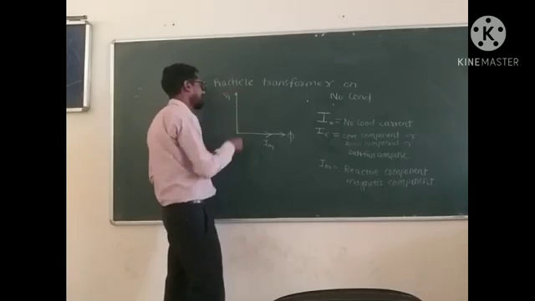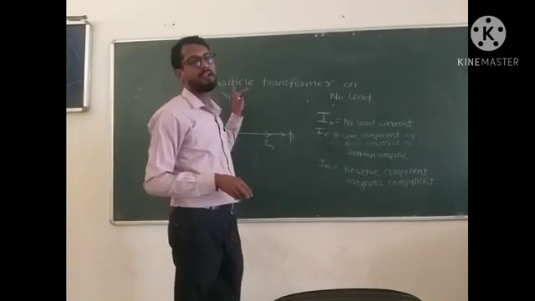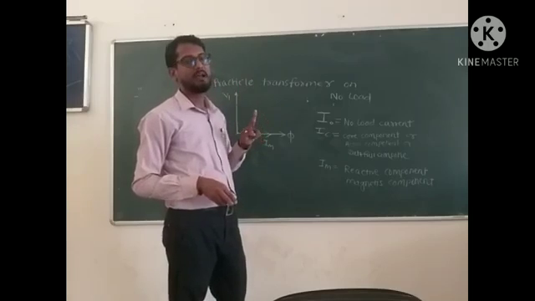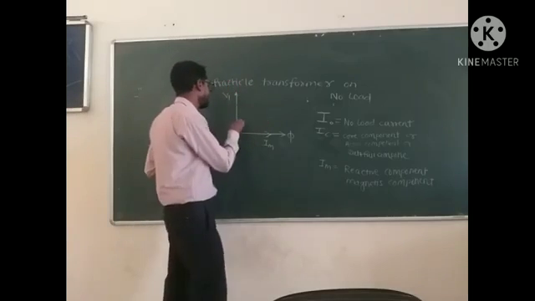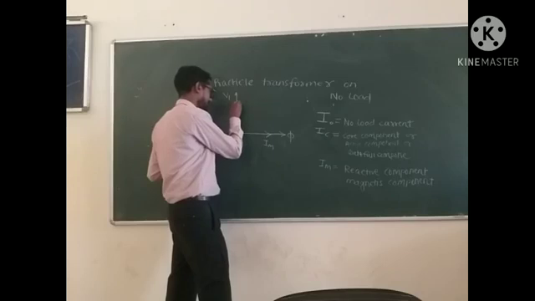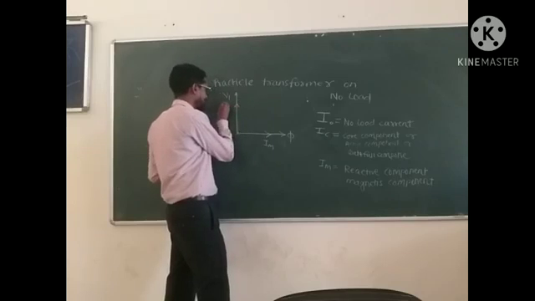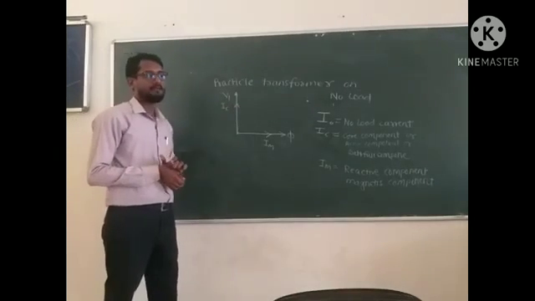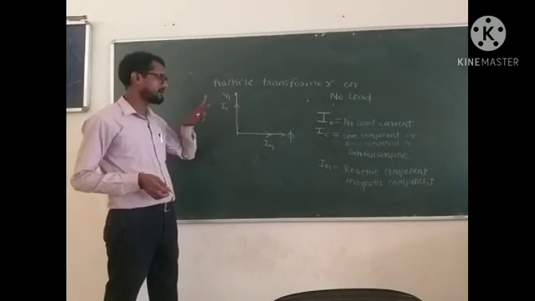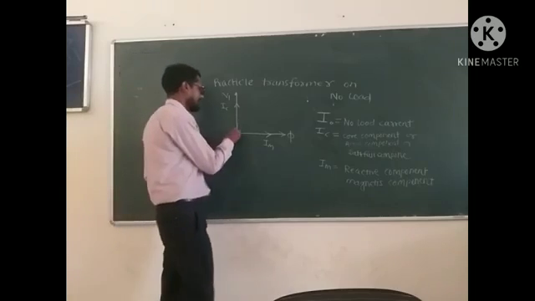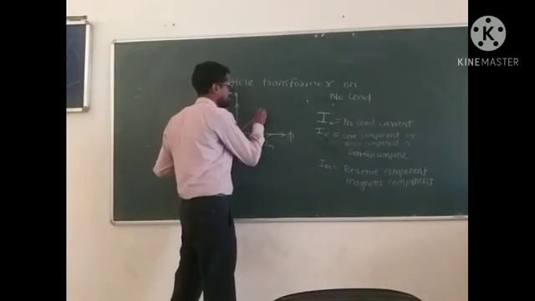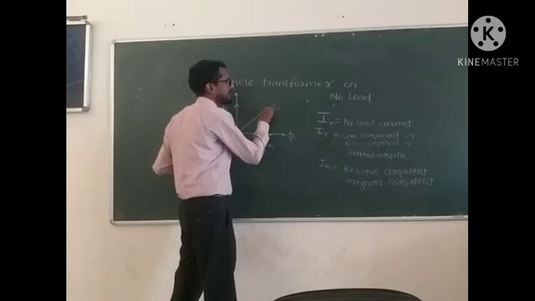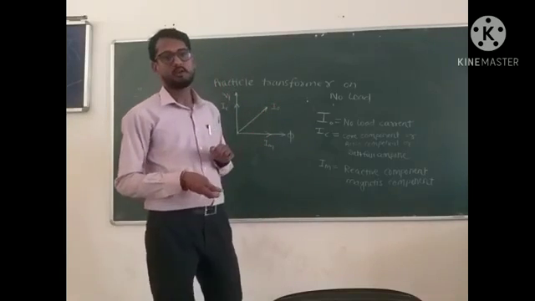Here is V1, and this V1 and IC are in phase with each other. That means we draw here IC, and the resultant of these two components is I0, that is the no load current component.